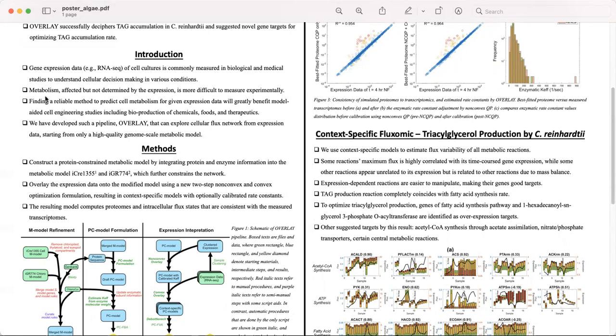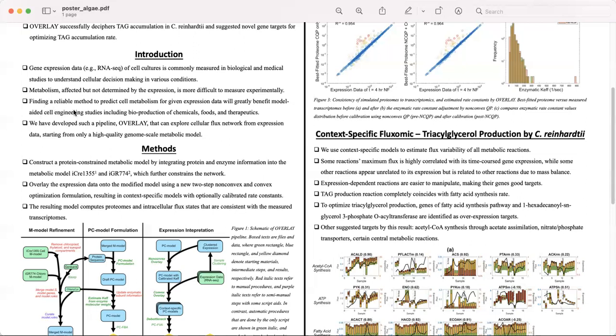But metabolism is important in, say, biotechnology applications, biochemistry, and infectious disease. So here we have a strong motivation in finding a method to predict the metabolism from given gene expression data.